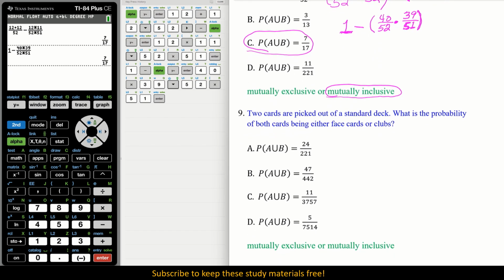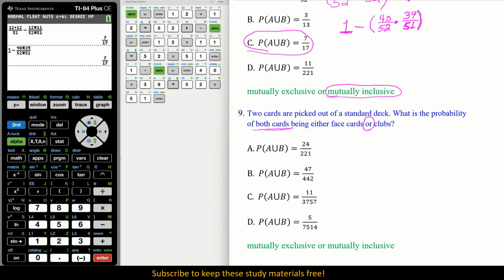Two cards are picked out of a standard deck. What is the probability of both cards being either face cards or clubs? Now this changes the conditions with this "both cards."